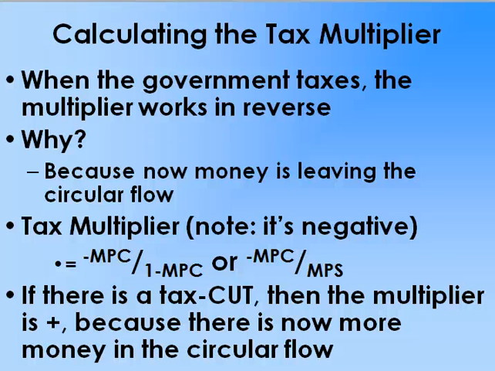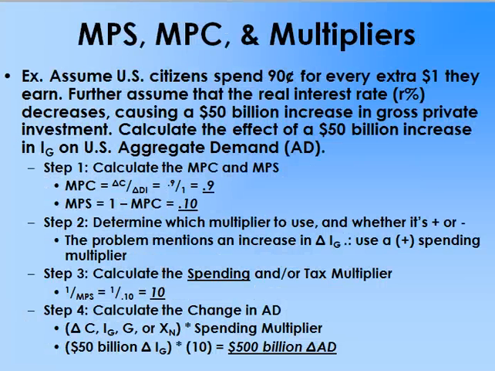The tax multiplier is negative. So you take a negative MPC and divide it by MPS, or 1 minus MPC. If there's a tax cut, then the multiplier is positive because there's now more money in the circular flow. Your disposable income goes up when there's a tax cut.